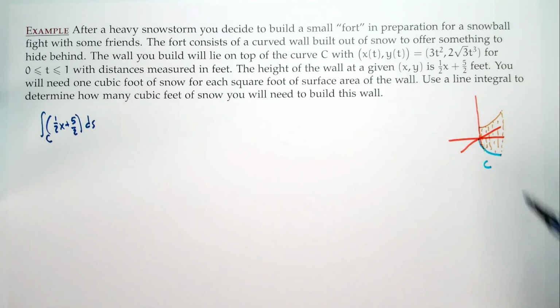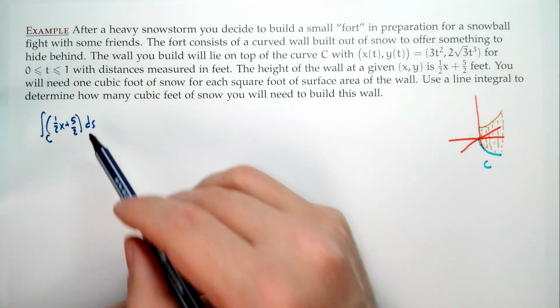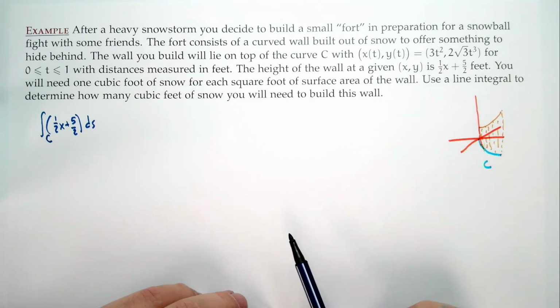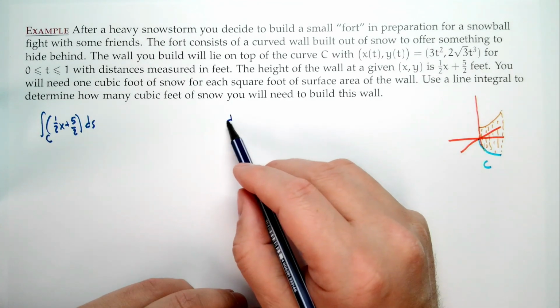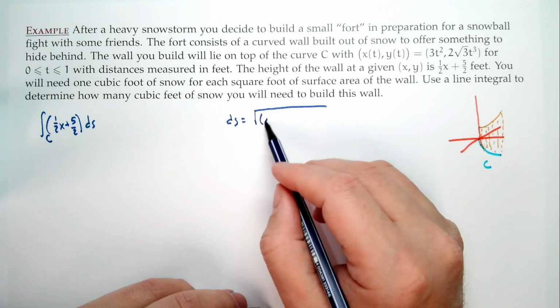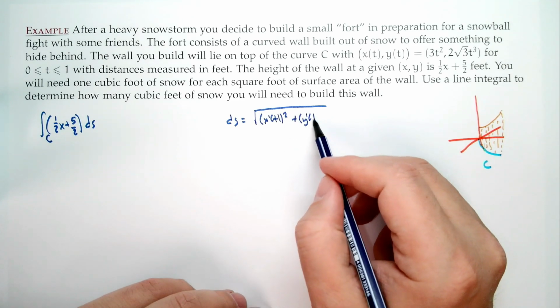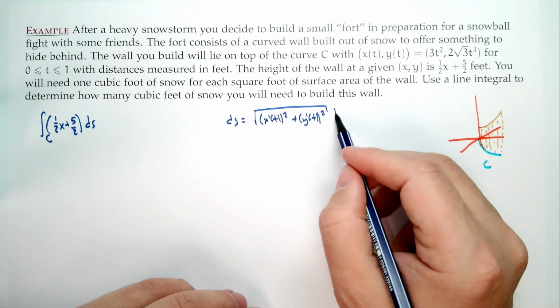That'll tell us the total amount of area, and the area corresponds to how many cubic feet of snow. So let's start by finding ourselves our ds. So ds is the square root of x'² + y'² dt.